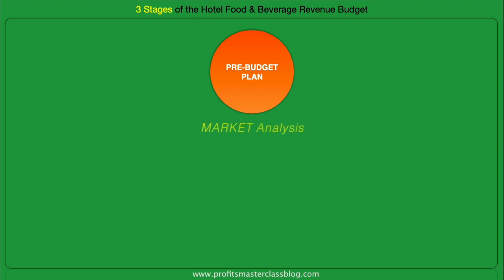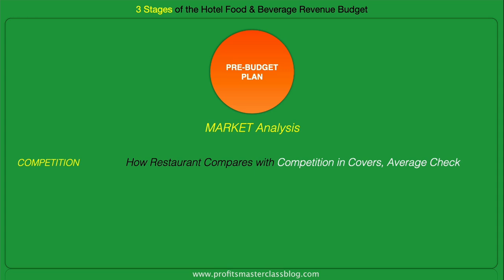Category 2 is about the market analysis your restaurants are operating in, and that includes, most importantly, your competition. What restaurants are you comparing yourself with, and what are their covers and average check KPIs? Then comes the economy. What economy are you operating in? Is the economy stable?